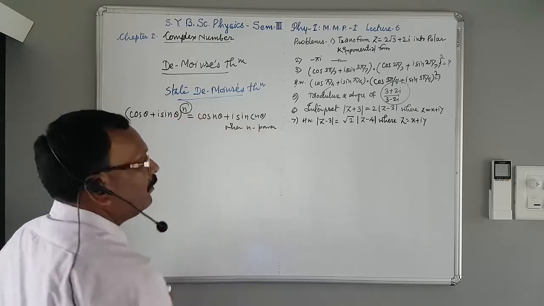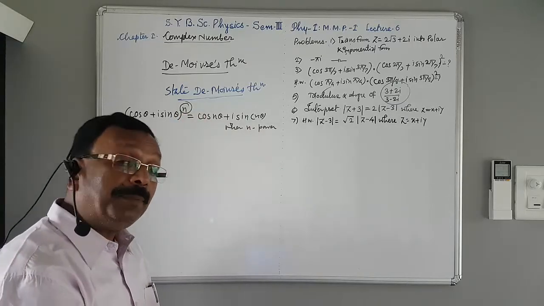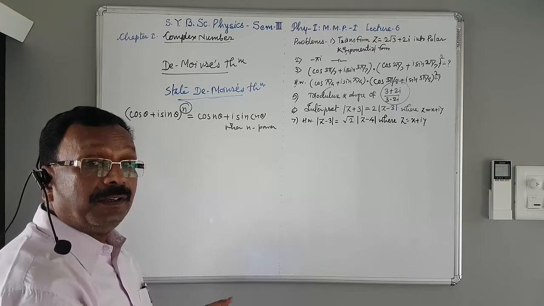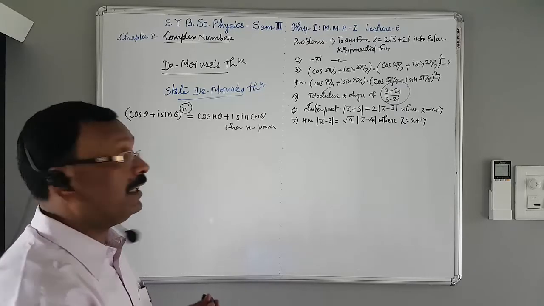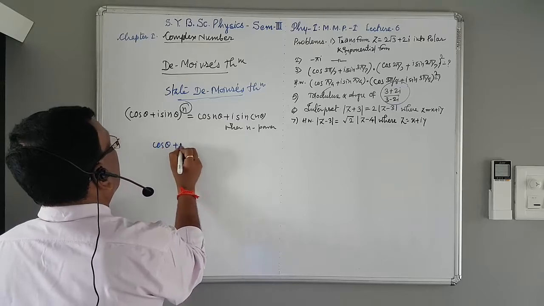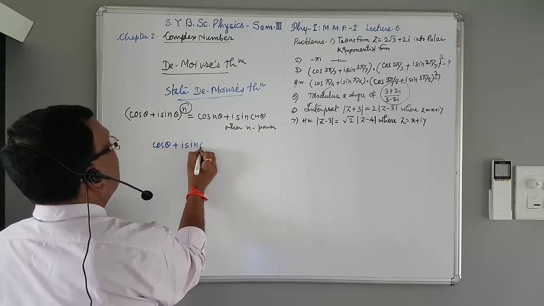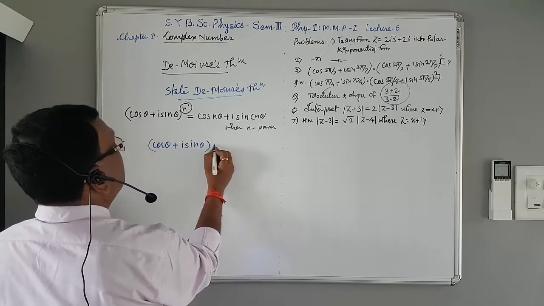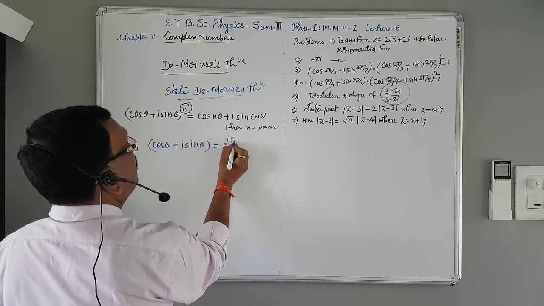This n is the power. In the previous lecture we studied Euler's formula. What is that Euler's formula? Cos theta plus i sin theta is equal to e raised to i theta.